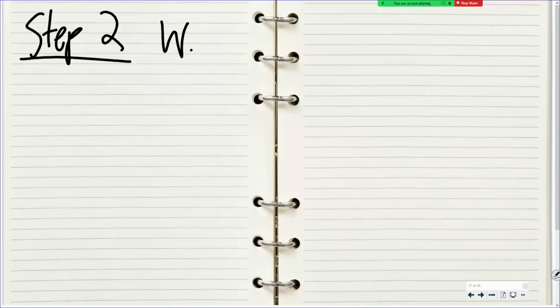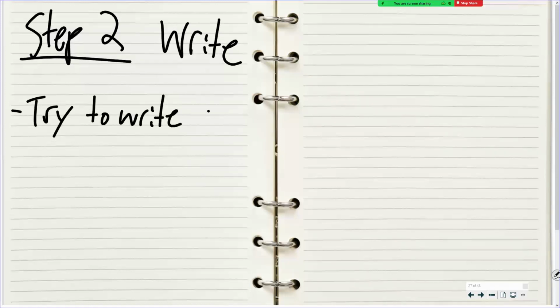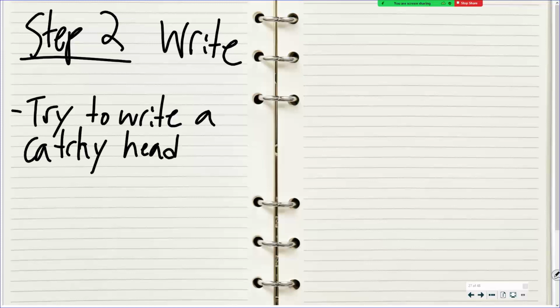And then step two, this is where you're going to write. Try to write a catchy headline. Why do my C's always do that? Try to write a catchy headline.